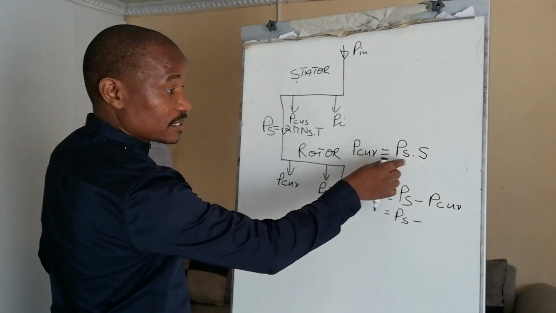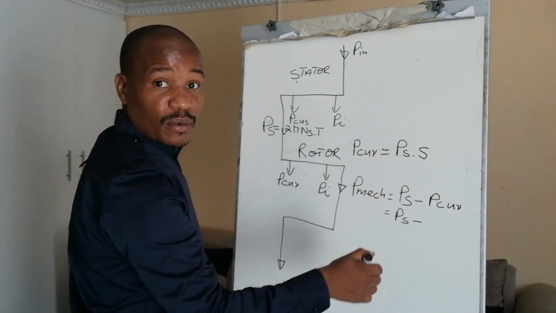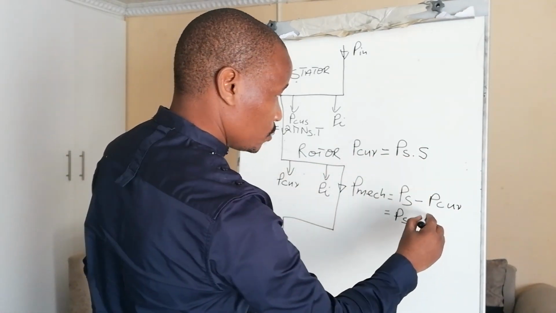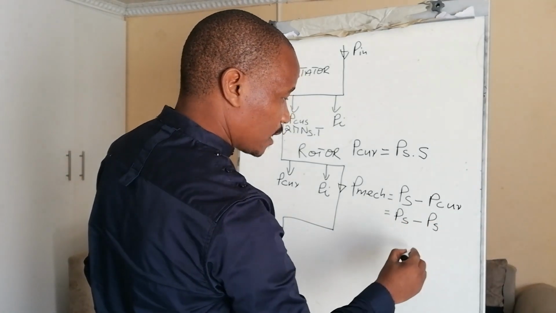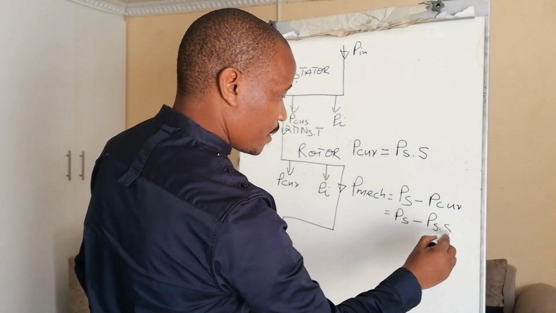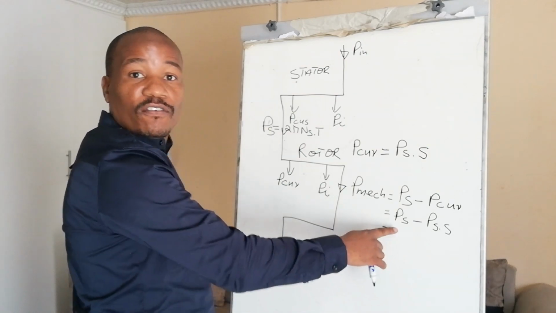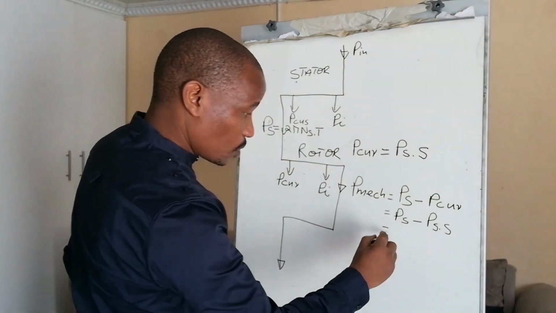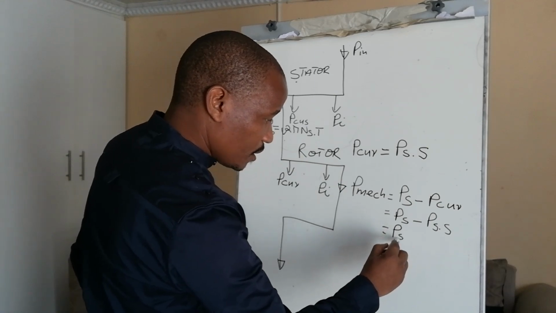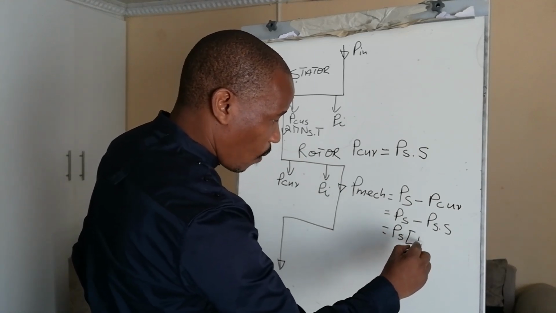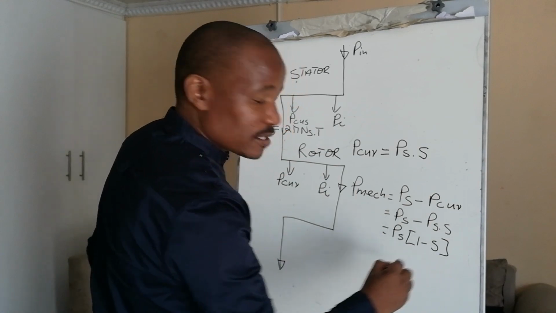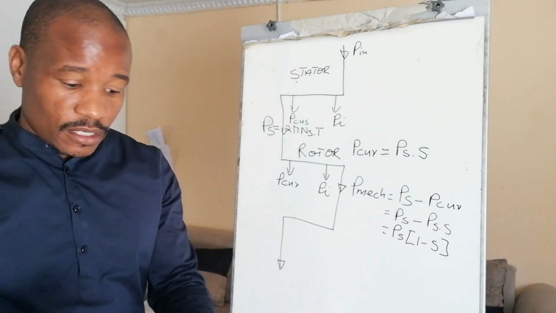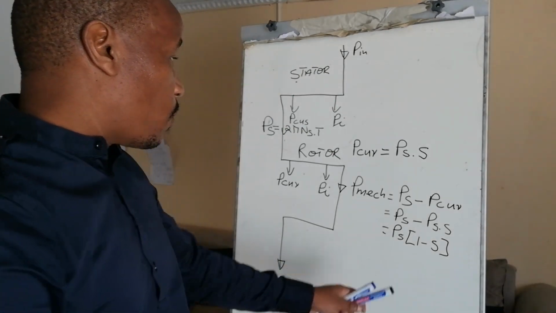It is the synchronous power multiplied by slip. So on behalf of this, I'm gonna put the synchronous power multiplied by slip. Then of course I can take out a common factor, as we discussed not so long ago. It's gonna be synchronous power times 1 minus S, where S is the slip. This is another formula we're gonna use.